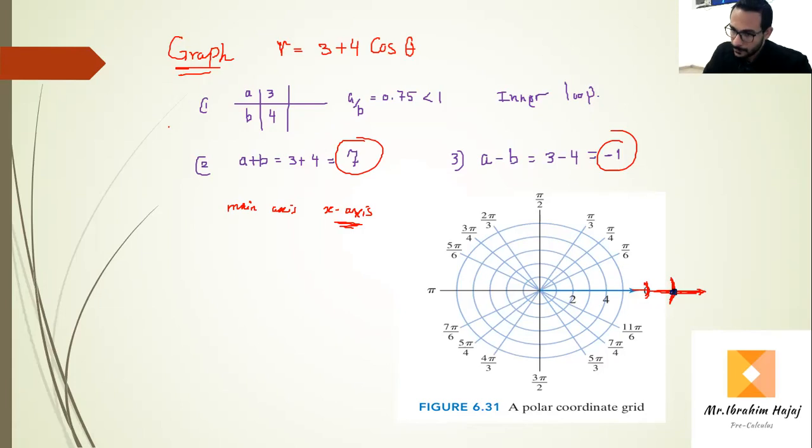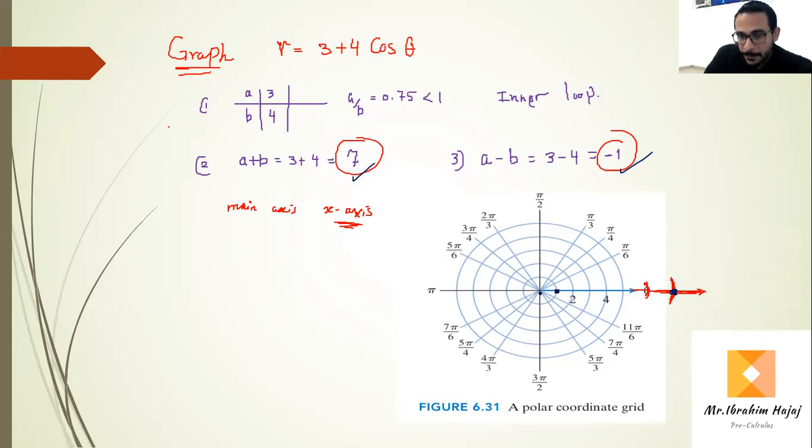And take a point, which is A plus B. Then A minus B is negative 1. Where's negative 1? On the negative 1 on the x-axis. It's here. You know why?